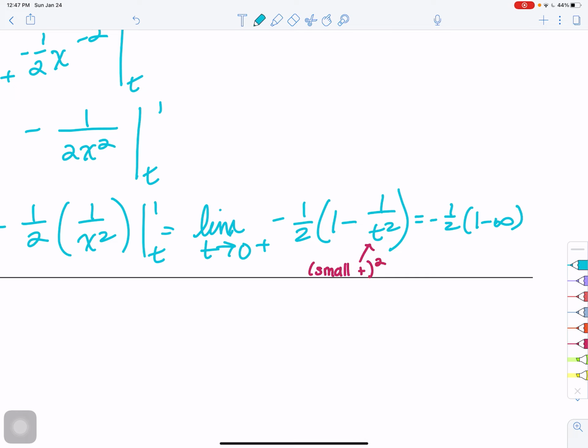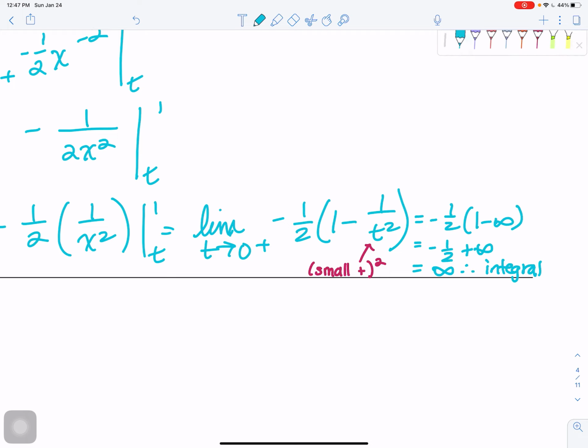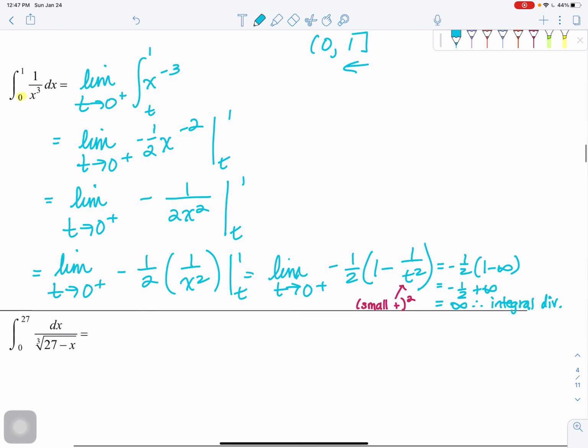Okay, that gives me a little more room. And that's equal to negative 1/2 plus infinity. And of course, infinity minus 1/2 is infinity. Therefore, the integral diverges. Okay, the integral is divergent.